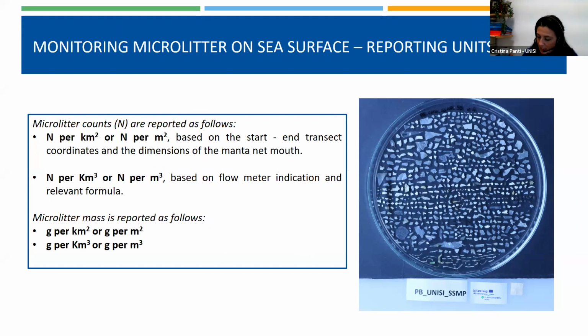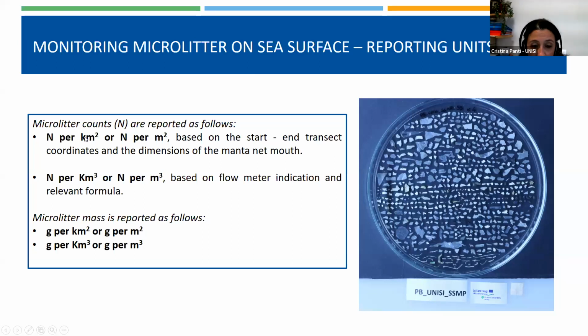So, for instance, if you have 60 centimeters of the manta net, you should calculate the area as a rectangle, with the smallest dimension of 60 centimeters, and then for the length of the transit that you can calculate with the GPS coordinates, and then normalize your data to the square meters or square kilometers.